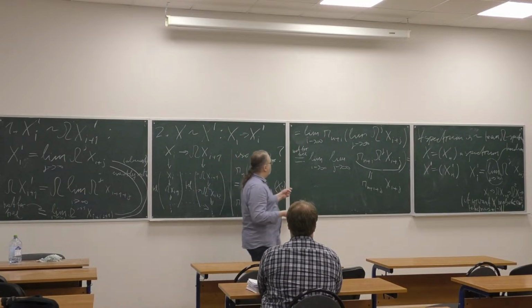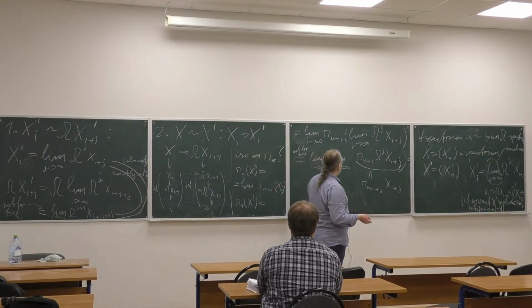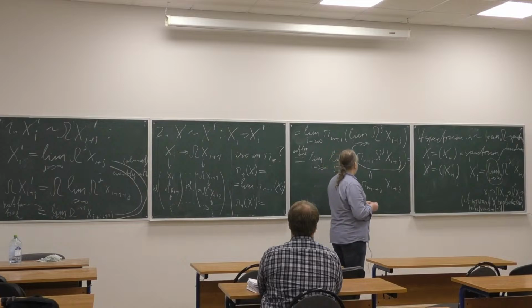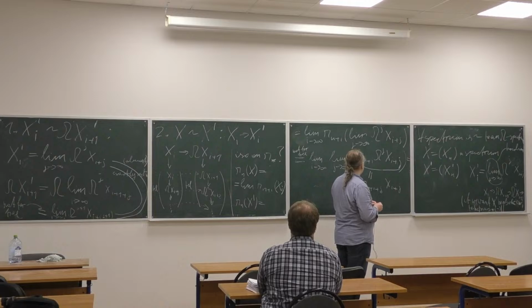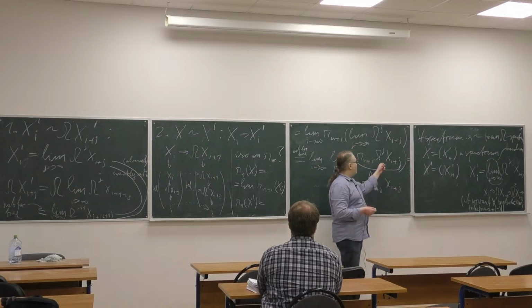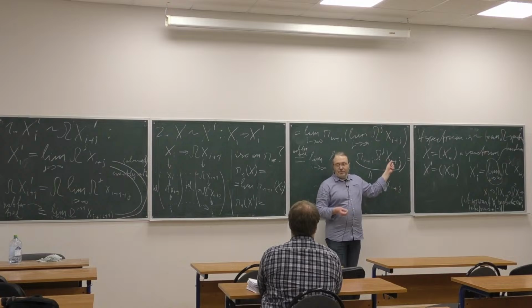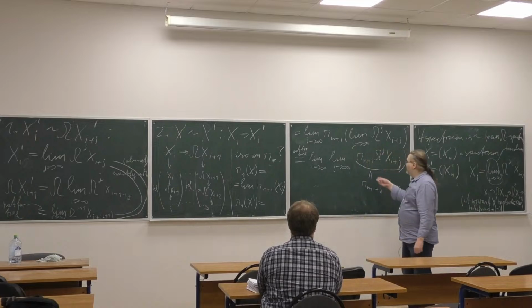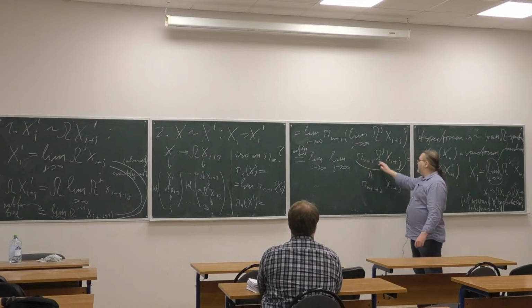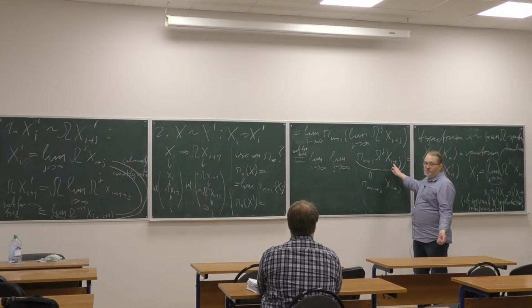By the way, if we look closely at this thing, we see that actually the limit as j goes to infinity already suffices. Meaning, let's fix an i and take the limit of this as j goes to infinity.